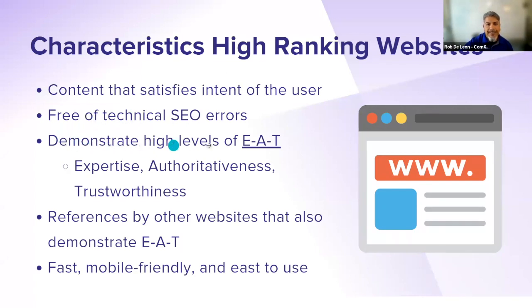High-ranking websites demonstrate high levels of EAT: expertise, authoritativeness, and trustworthiness. Google loves your site, right? High-ranking websites usually have references by other websites that also demonstrate expertise, authoritativeness, and trustworthiness, right?